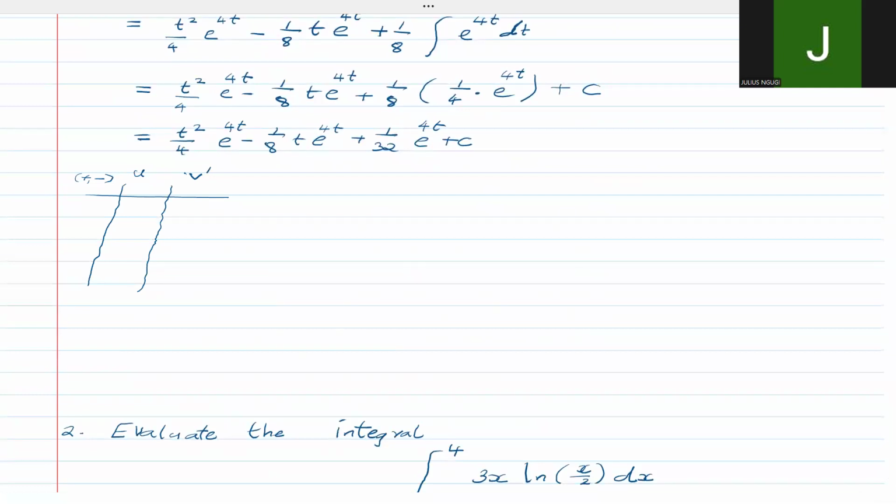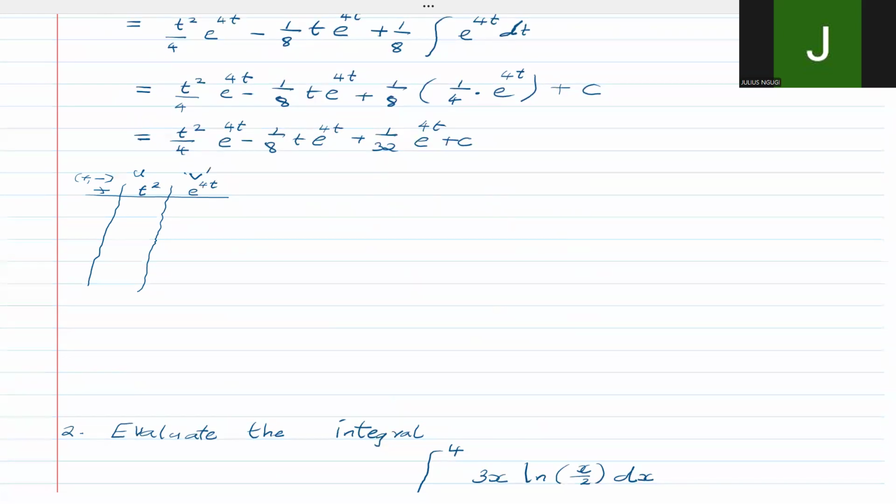Always remember that the chart we use if you're having two functions, one is algebra and exponential function, or algebra and trig functions. You cannot use it in any other two combinations other than those two, either algebra and exponential, algebra and trig. So in this case, the first sign for the original function is plus, and it's the u, it's t squared, and the v prime or dv is exponential to the power of 4t.